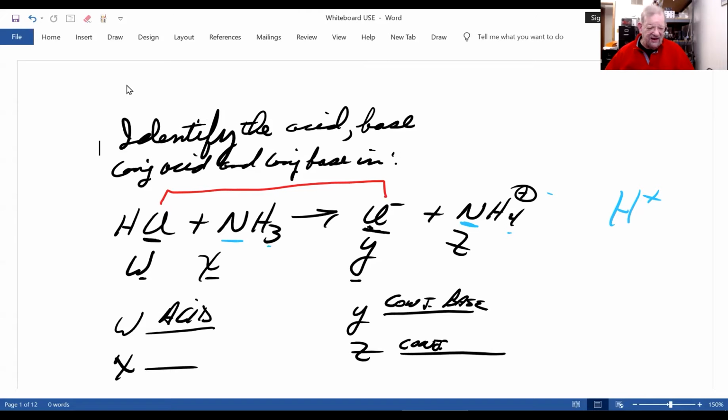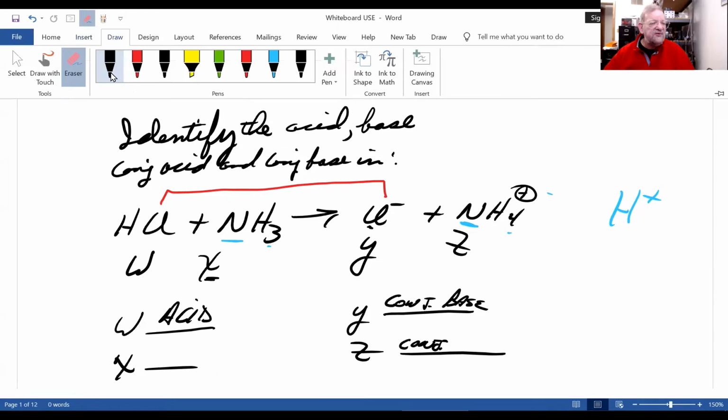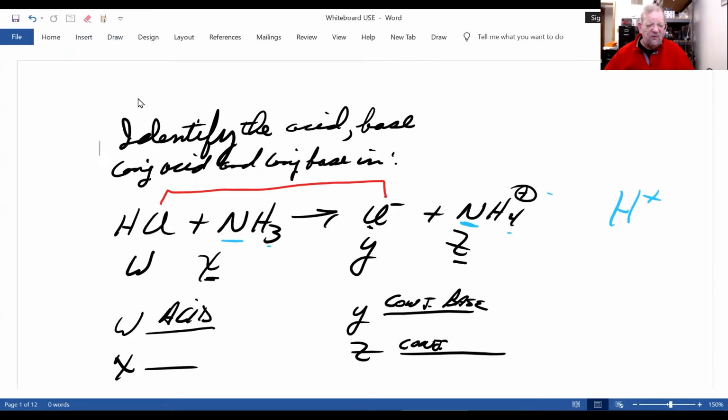Now let's look at X. When it goes this way, X to Z is NH3 gaining a proton. You can think hydrogen, or losing it. 3 to 4, it's gained it. What's something that gains or accepts a proton? It's a base.